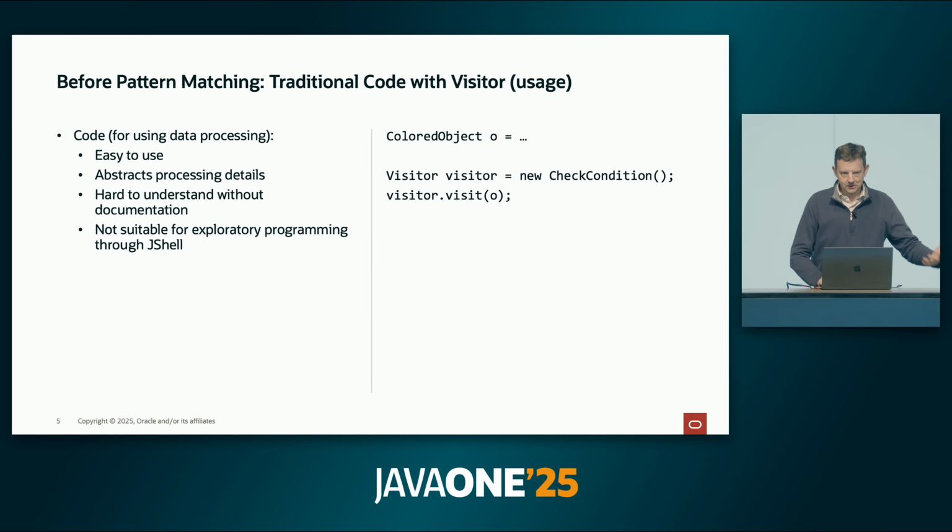And then finally, to actually use this thing, we need to create an instance of the visitor. You kind of want the visitor code to be right next to the application, or else there's different components of your program now. It's kind of a heavier weight thing, and you need to document what the components are for and how they work. So it's heavier weight, I think, is fair to say.